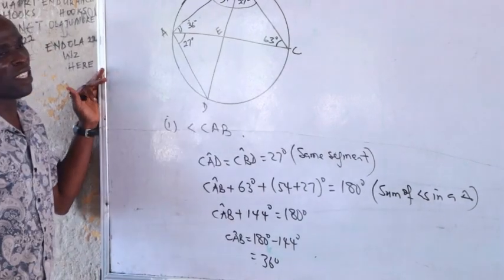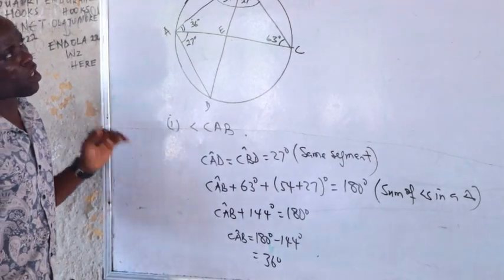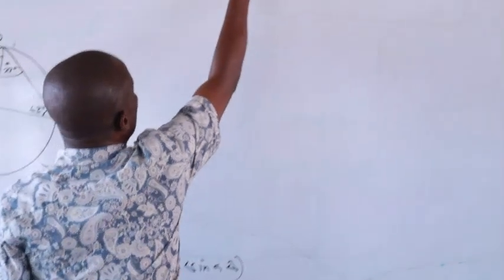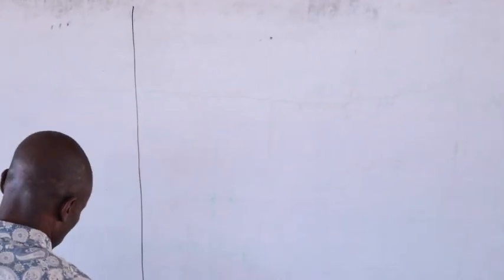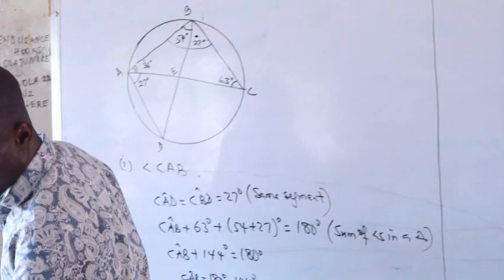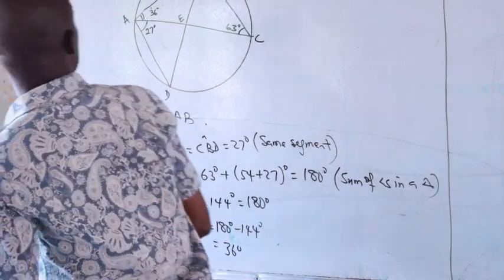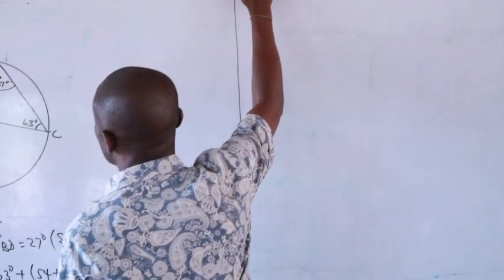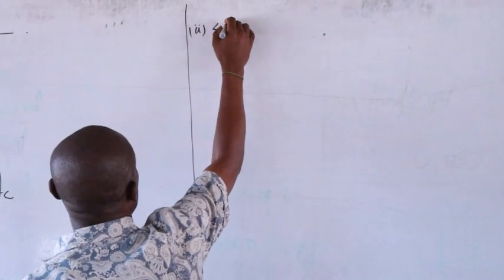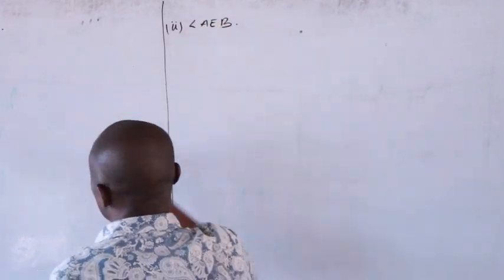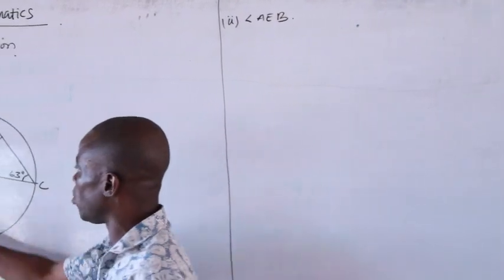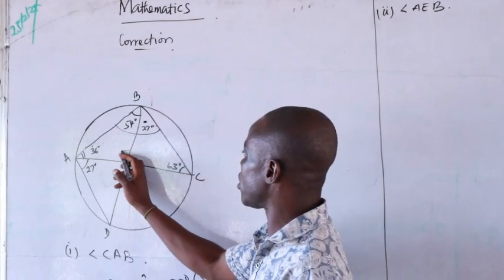After getting this angle, what is the next question? The next question is to calculate AEB. Angle AEB. Now to get this angle AEB will not be the problem. Look at this.